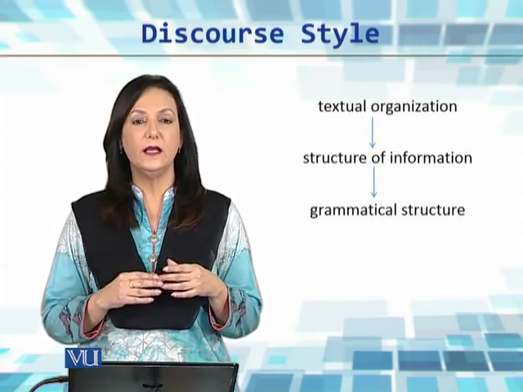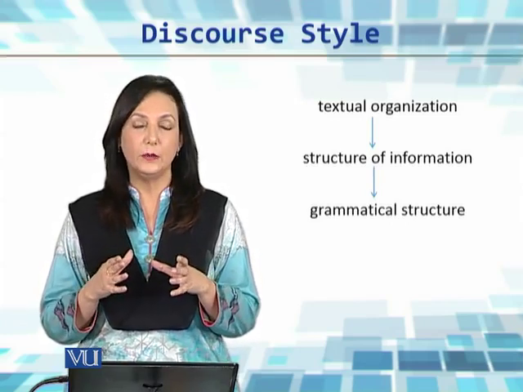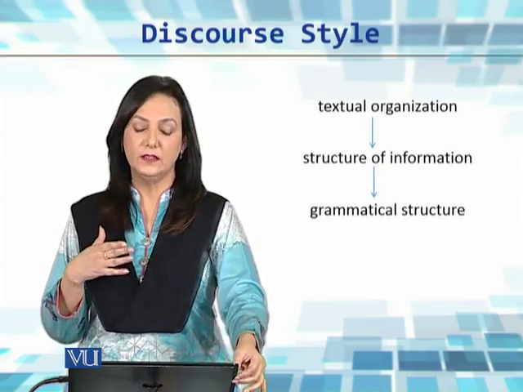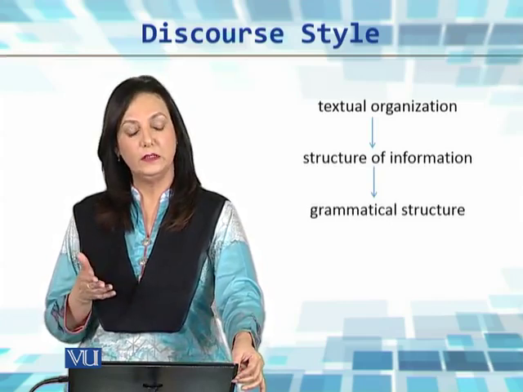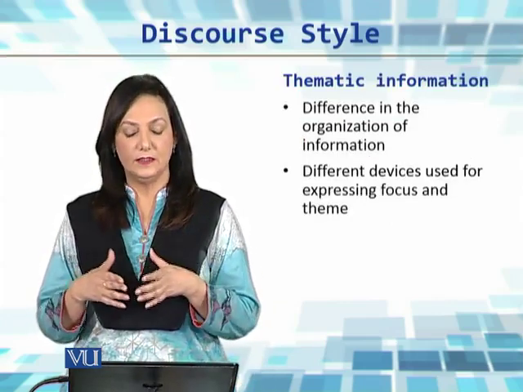So we see that the organization of the text in the use of language is very important, and we see variation in this kind of organization between the two varieties of English, the outer circle and the inner circle.